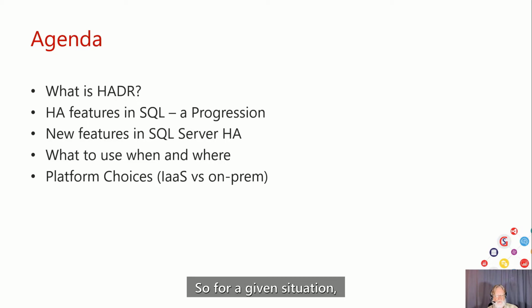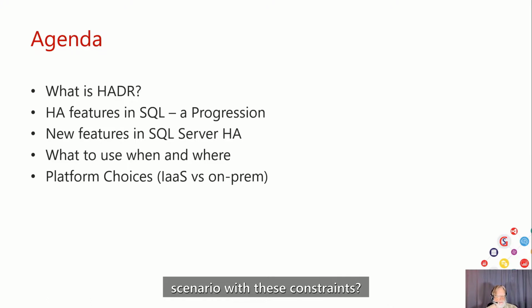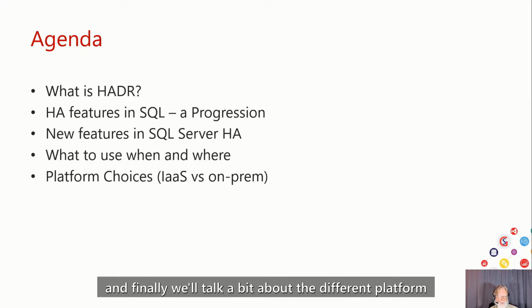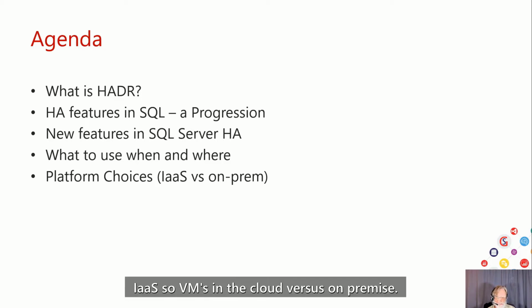So for a given situation, how would you set up an HA&DR solution for this scenario with these constraints? Talk about how to make those choices, how to make the right architectural choices. And finally, we'll talk a bit about the different platform choices. IaaS, so VMs in the cloud versus on-premise.